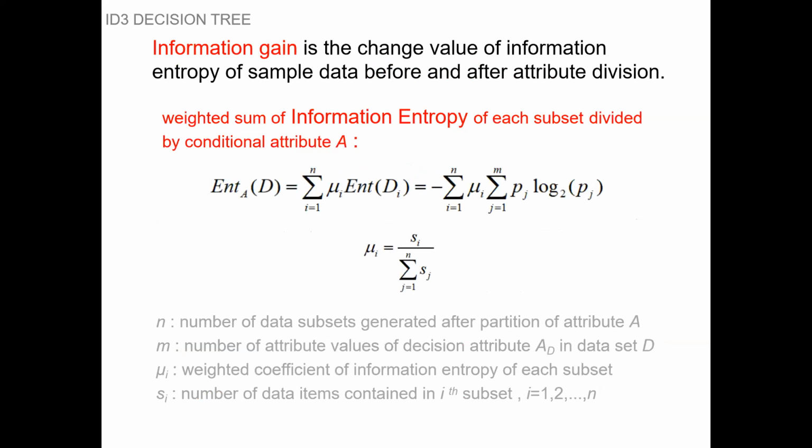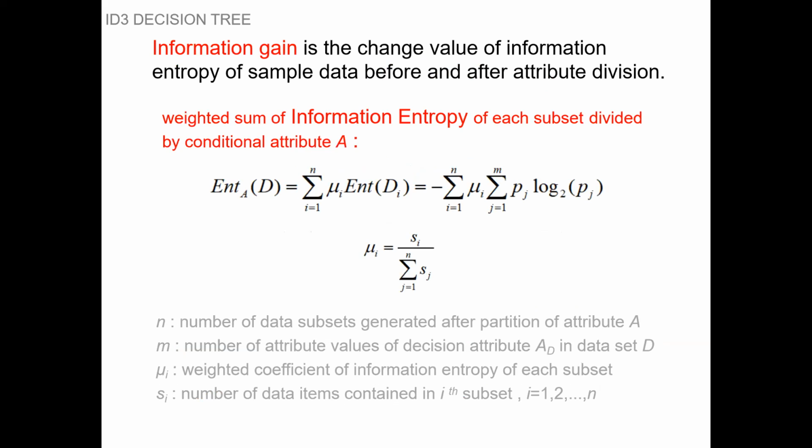Information gain is the change value of information entropy of sample data before and after attribute division, which can be used to measure the difference of information entropy in probability distribution.